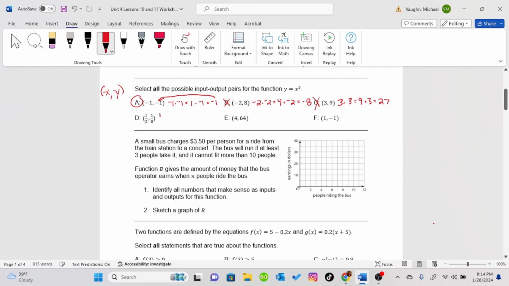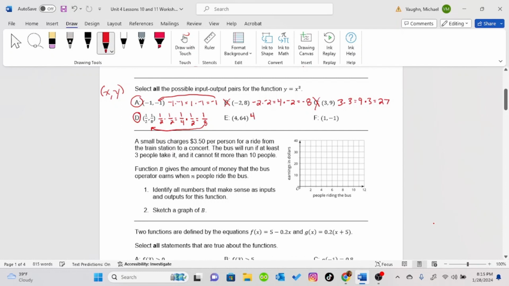D, we have 1/2 times 1/2 equals 1/4, and 1/4 times 1/2 equals 1/8, and that was the y value, therefore D is correct.